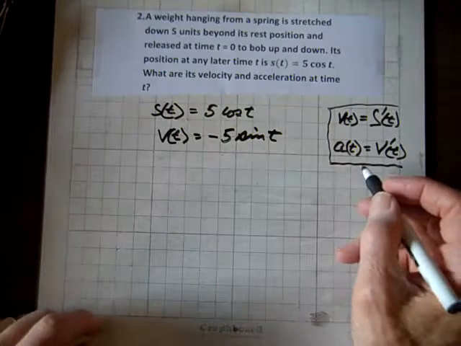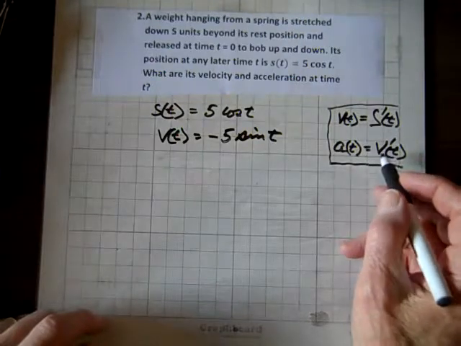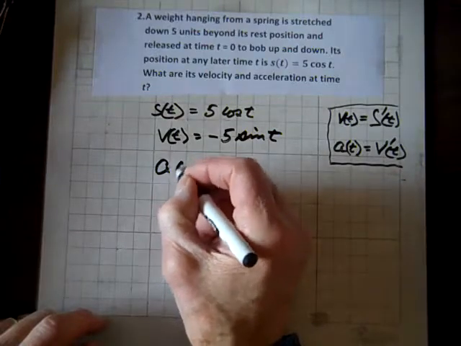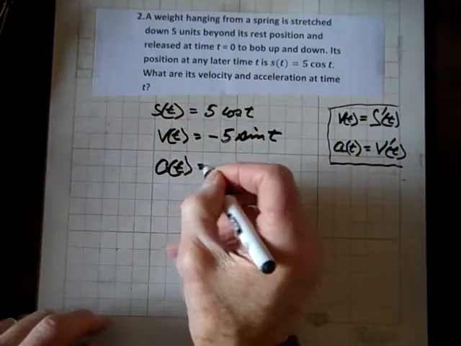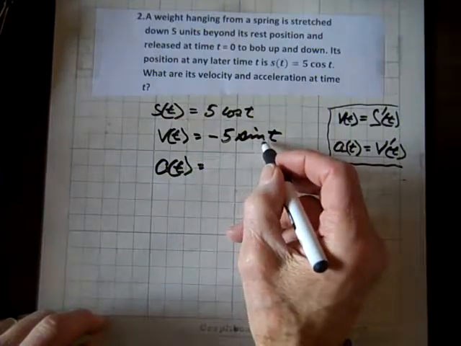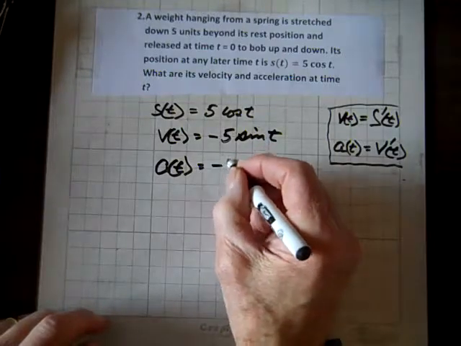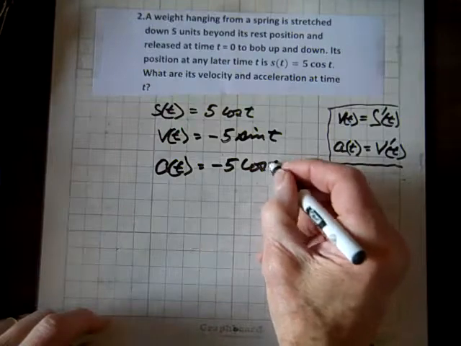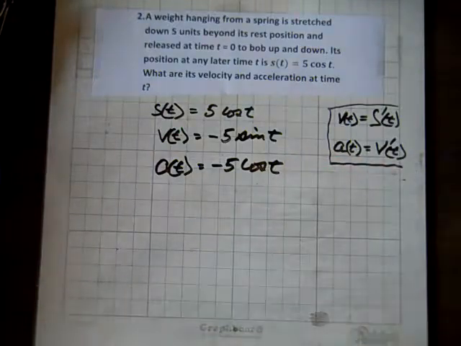Now the acceleration is just the derivative of the velocity. So the acceleration with respect to t equals, and the derivative of sine t is cosine of t, so we get minus 5 cosine of t. And that takes care of it.